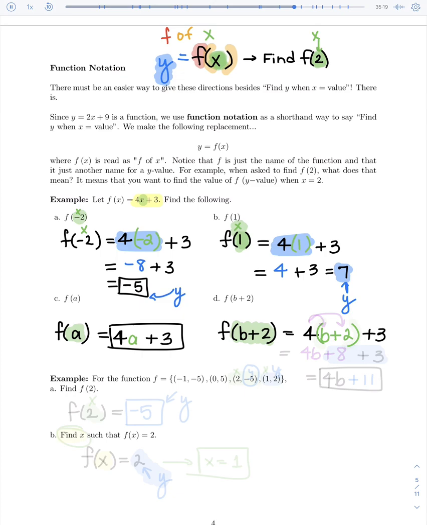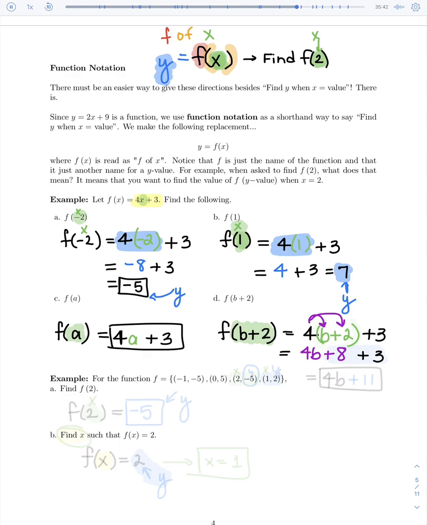So there's some math we can do on this one. We can actually distribute the 4 to everything on the inside, which will get us 4b plus 8. And then we've got our plus 3. There is one more thing I can do: I can combine like terms.